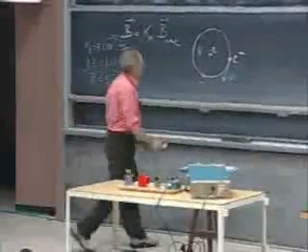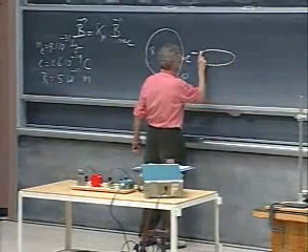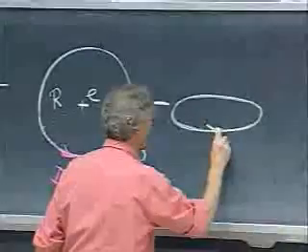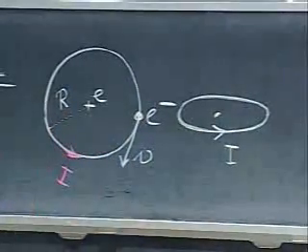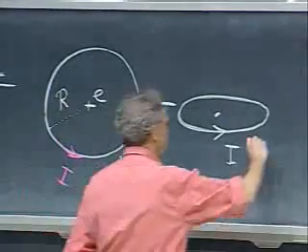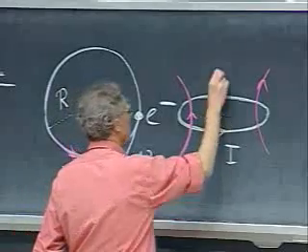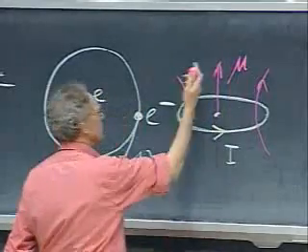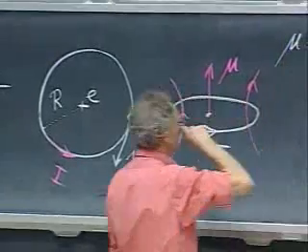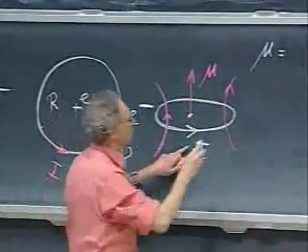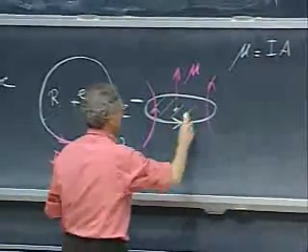If you look at this current running around the proton, say the current goes in this direction, and here is that proton, trying to make you see three-dimensionally, then it creates a magnetic field in this direction, and so the magnetic dipole moment mu is up. The magnitude of that magnetic dipole moment, as we learned last time, is simply this current I times the area A of this current loop.